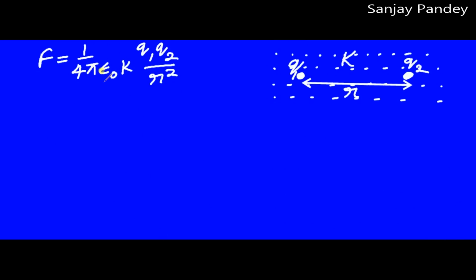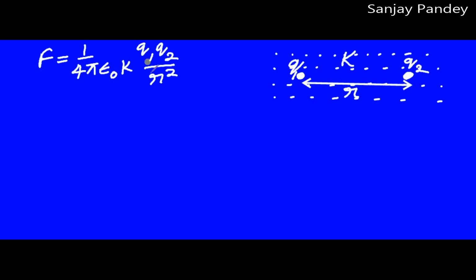So Coulomb's law in a dielectric medium is given by 1 upon 4 pi epsilon naught k q1 q2 upon r square. Here the dielectric constant of the dielectric medium is k. q1 q2 are two point charges placed at separation r in this medium.